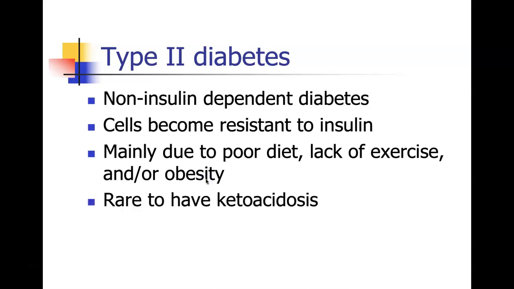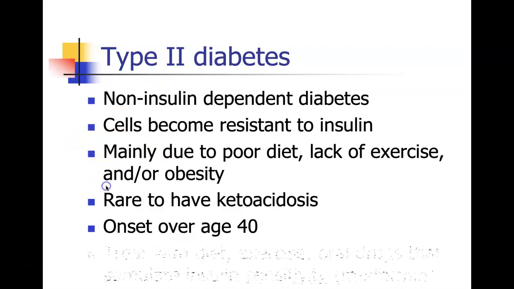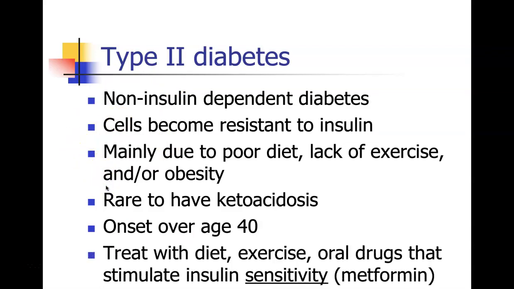It's rare for type 2 to have ketoacidosis, and we typically see onset over the age of 40, but again, this is going to vary. So you can also have this non-insulin dependent diabetes in childhood or young adulthood as well. The difficulty in treating this is that it's often prescribed to have diet and exercise, which can be difficult to do, especially if genetic factors prevent weight loss.